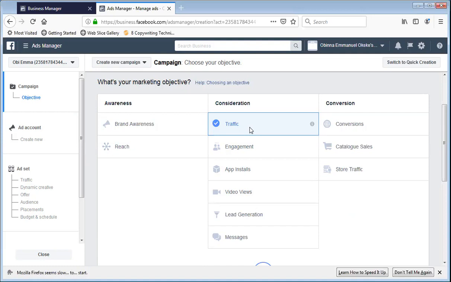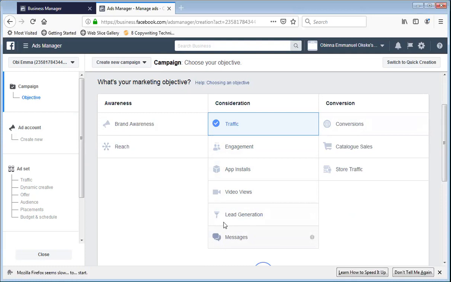It is called permission marketing. You give people value upfront in exchange of their permission, so that you can still keep in touch with them. So that's what you do with lead generation. But you don't necessarily need to run your Facebook advert using this objective. You can easily do that with traffic or even engagement or conversion, but we'll still get to that.